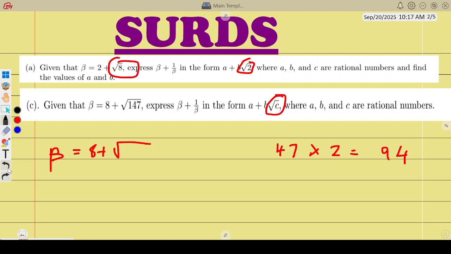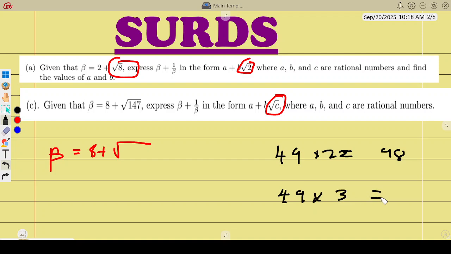So what else can we try? You try thinking, okay, what about 49 times 2? Let's see what it's going to give us. So you quickly do 49 times 2, it gives you 98. Yeah, so this is 98. Okay, what about 49 times 3?